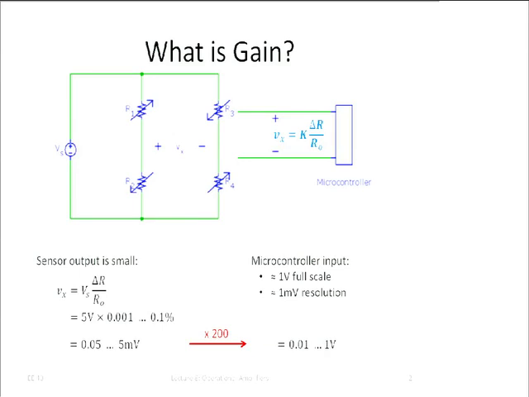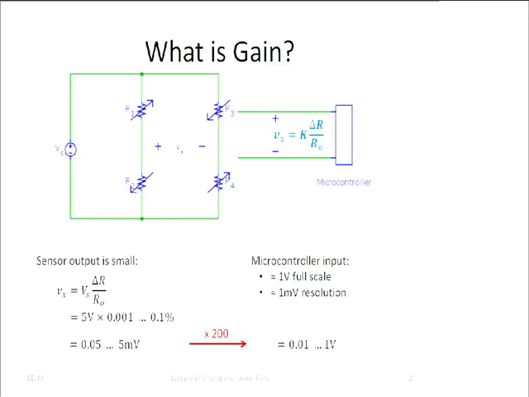So more practically, if we want to put that voltage from the strain gauge into a microcontroller, that microcontroller expects a voltage that depends a little bit on the version of the part, but is roughly 1 volt full scale, meaning that the voltage varies somewhere between 0 and 1 volt, and then the microcontroller can resolve steps of maybe 1 millivolt.